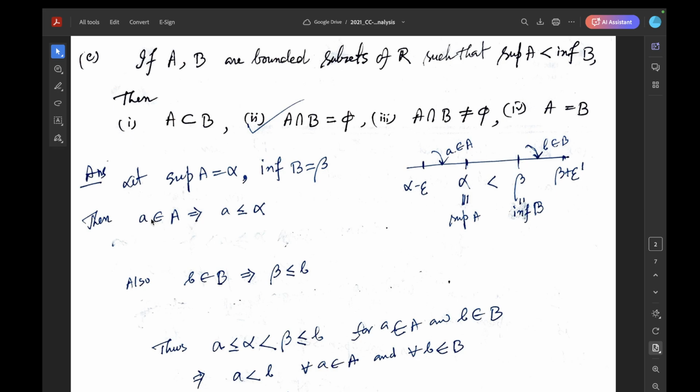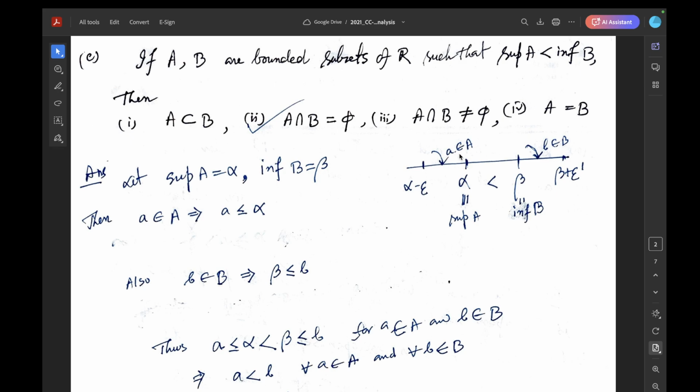Then a belongs to the set A. This implies a is less than or equal to alpha, where alpha is the supremum of A and beta is the infimum of B. And by the given condition, supremum A is less than infimum B.